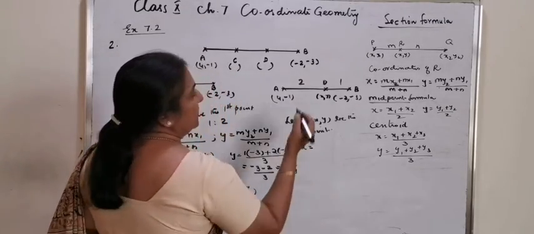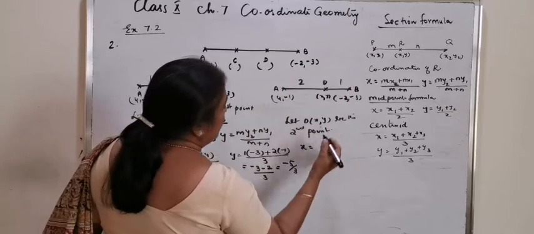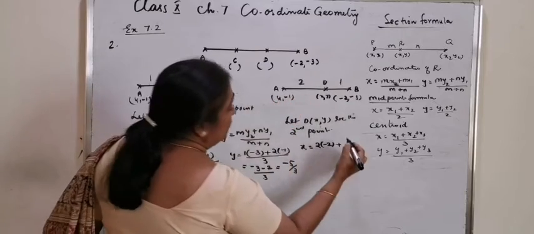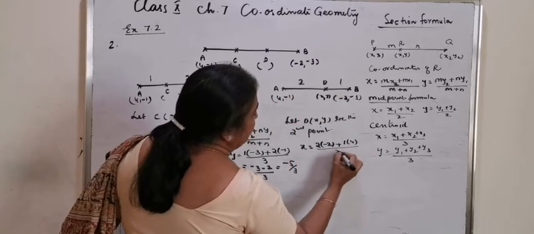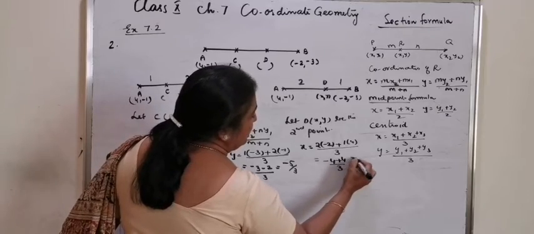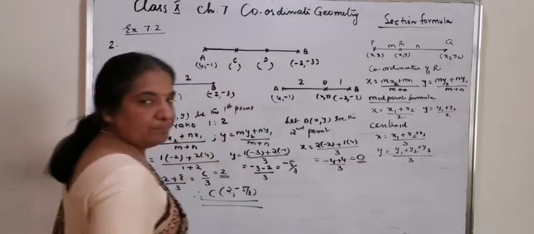X coordinate is equal to (2 into minus 2 plus 1 into 4) divided by 3, which is minus 4 plus 4 by 3, which is equal to 0.